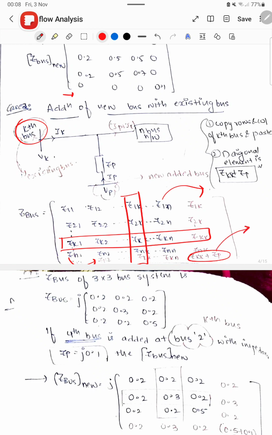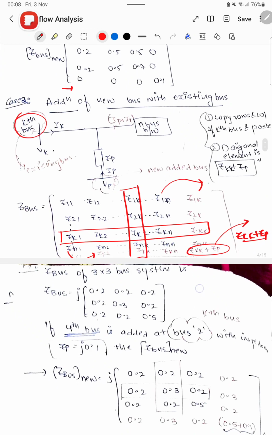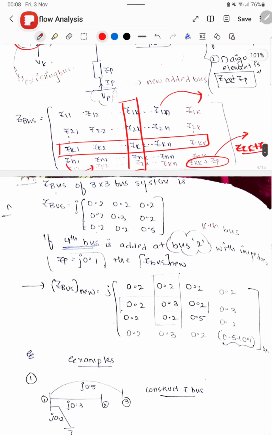The last element would be replaced by zkk plus zp. Please look at the example. Z bus of a 3 cross 3 bus system is given. A fourth bus is added at bus 2. It is not added to the reference, it is added at bus 2. So k has become 2 with impedance zp equal to 0.1.